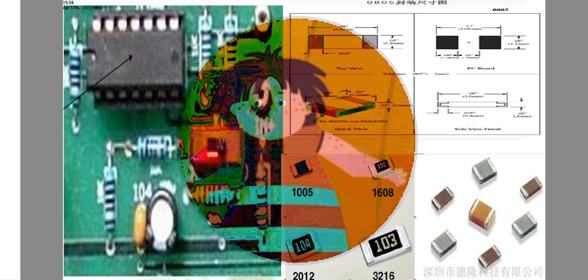If our cell phone uses this component, I mean, the components aren't SMD. SMD means surface mount device. The pad is not through hole.